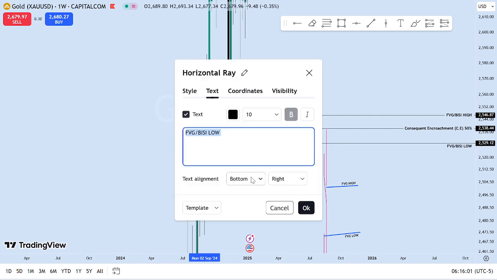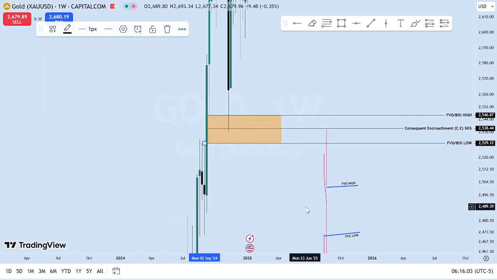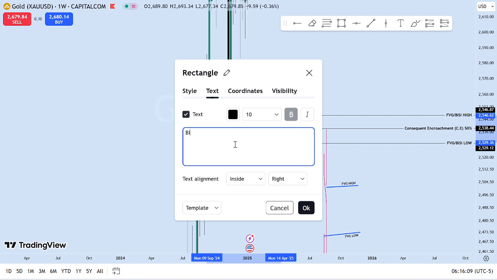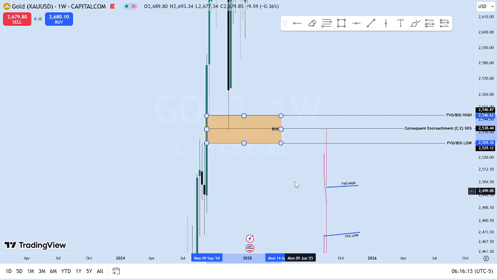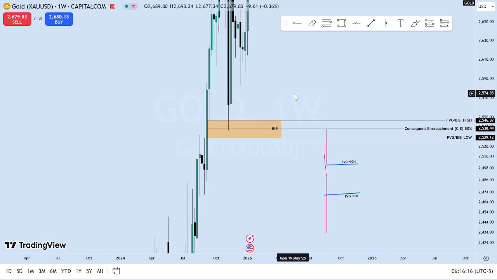So you have gotten your 50%, your high and your low of this inefficiency now, which is BISI, buy side inefficiency, sell side imbalance. Good.